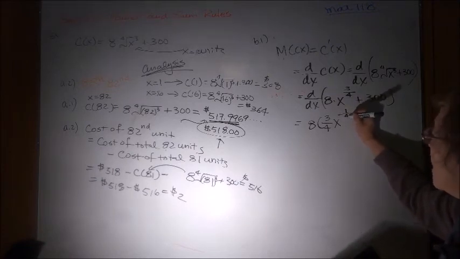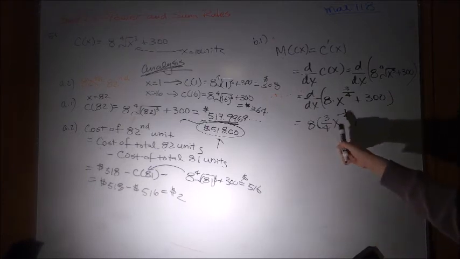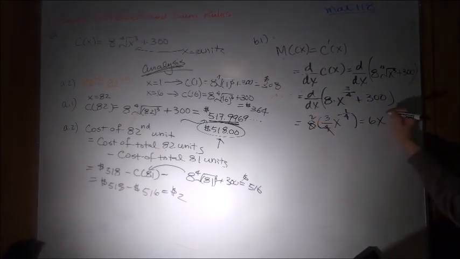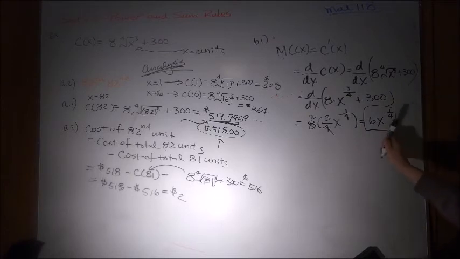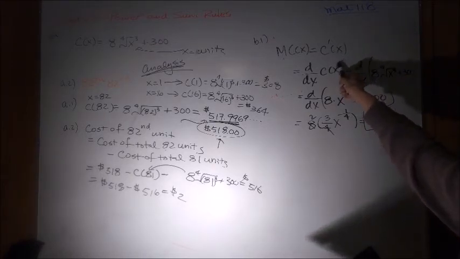Negative 1/4, right? Then we simplify. We have 6 and x to the negative 1/4 power. So that's your derivative of C(x), the cost function.